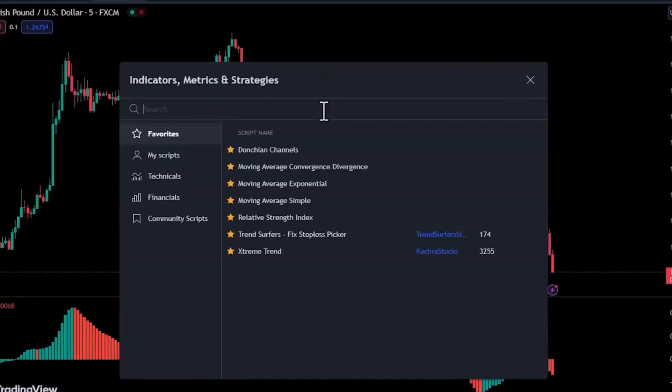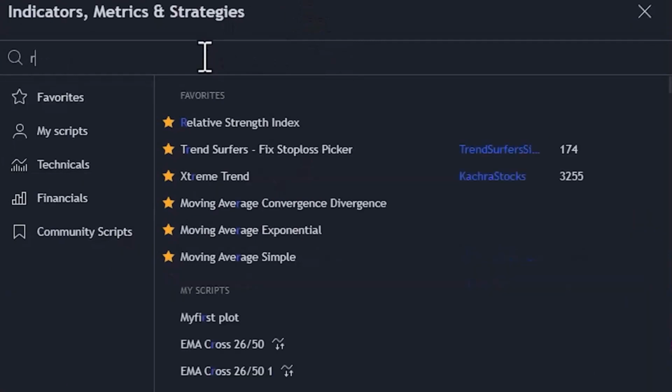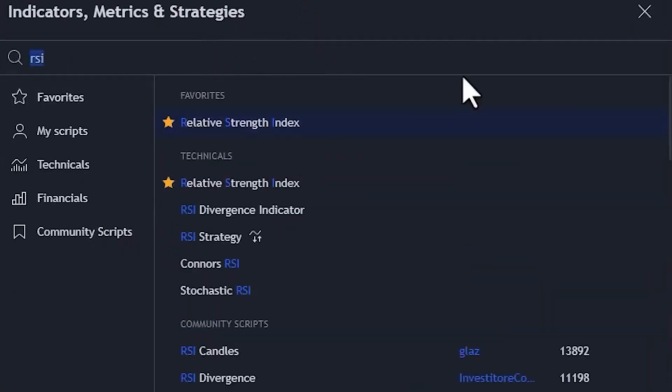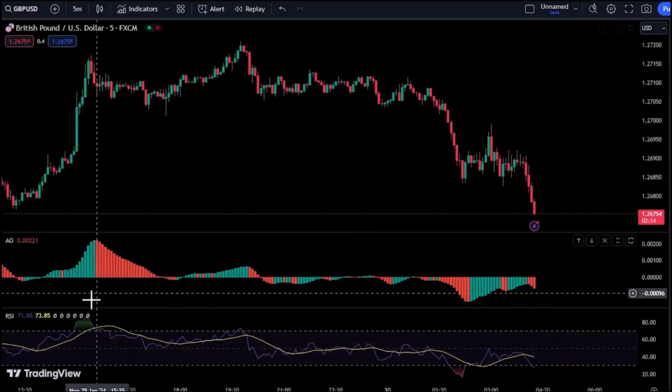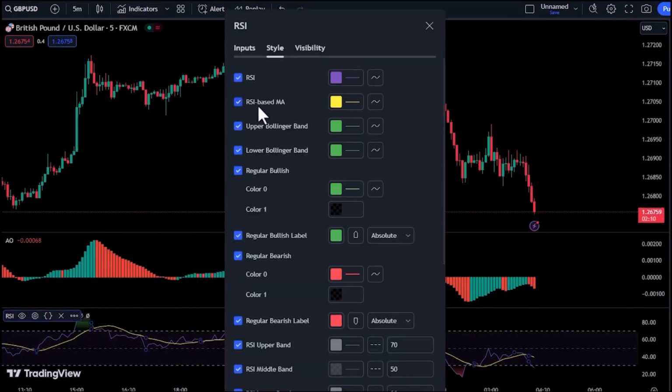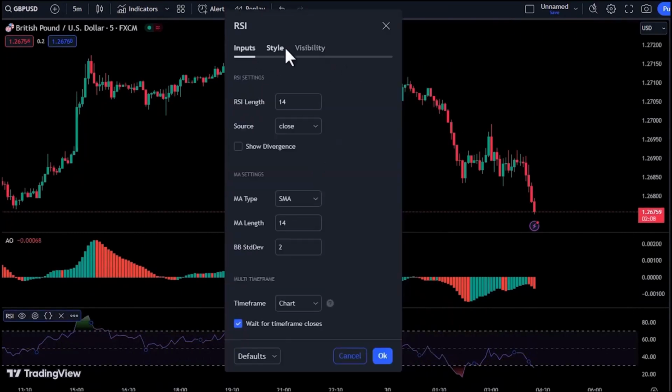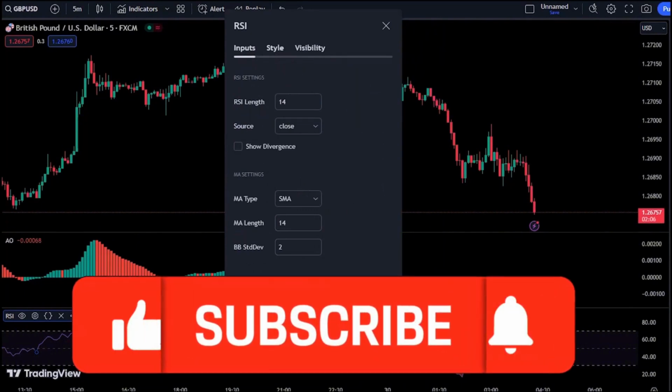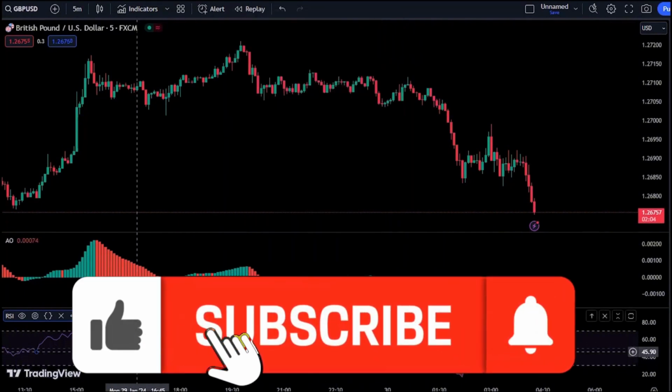Well, the second oscillator we use is the RSI. We add the RSI. Now, I have removed the yellow line. I am removing the RSI-based MA. We don't make any changes to this template. We just place our own templates.